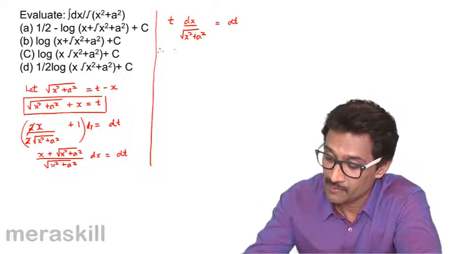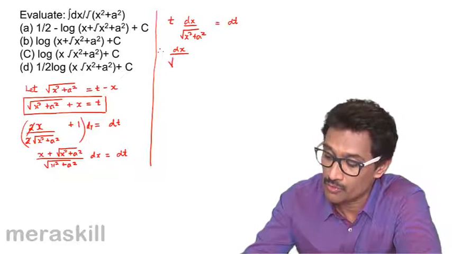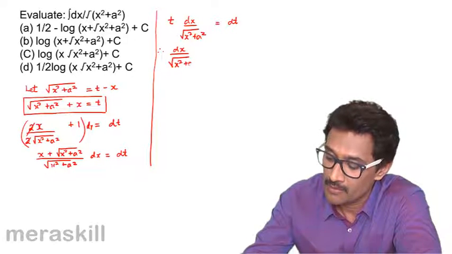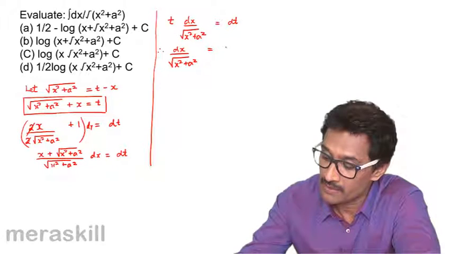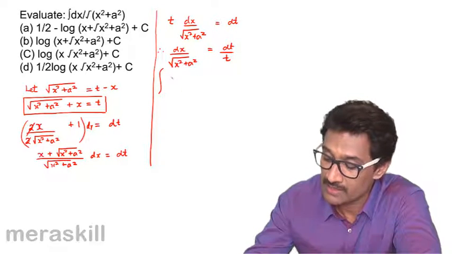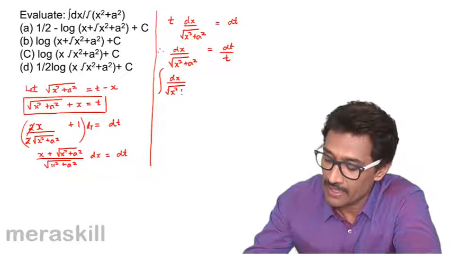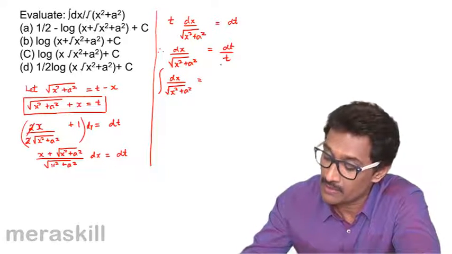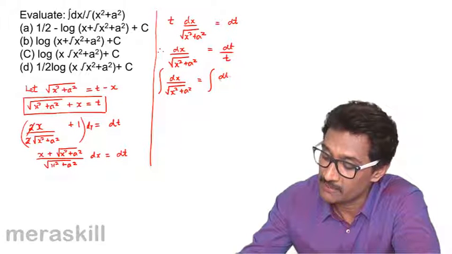So therefore this means dx upon root of x square plus a square is nothing but dt by t. Now you integrate both sides, so we get the integral of dx upon root of x square plus a square is equal to the integral of dt by t.